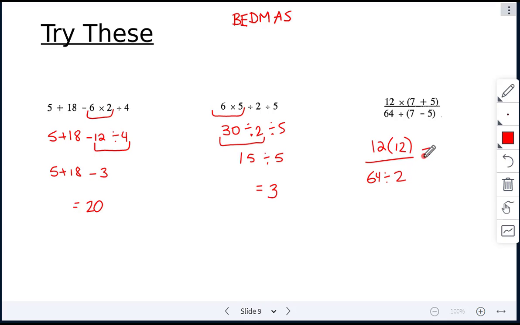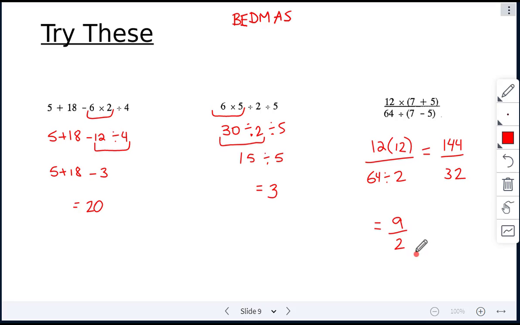So that gives me 144 over 32. All right, so after that, we just have to reduce. So I'm just going to reduce using 16. I'm going to divide the top and bottom by 16. That gives me 9 over 2.